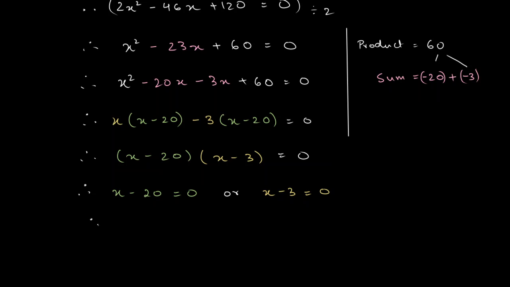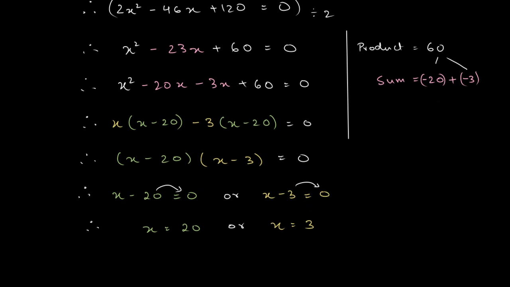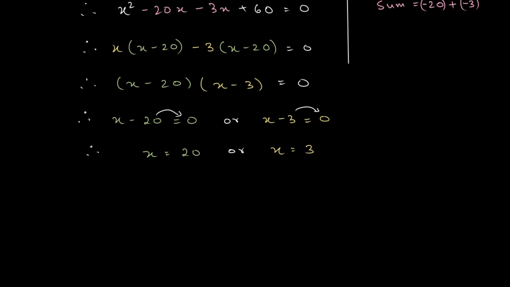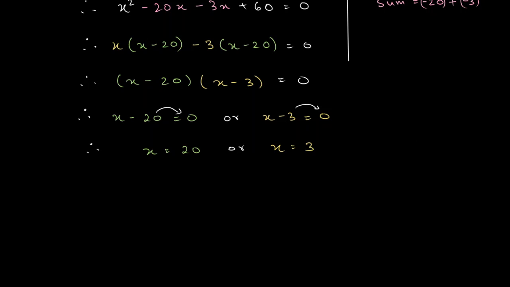Now if I solve these equations, the first one, minus 20 on this side, take it to the other side, becomes plus. So x is equal to 20, or minus 3 here, take it to the other side, becomes plus. Oh, sorry. Yeah, that's right. So if I take this to the other side, I get x is equal to 3. Okay, so I have two numbers here, either x is equal to 20 or x is equal to 3.